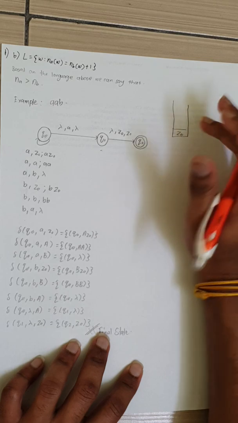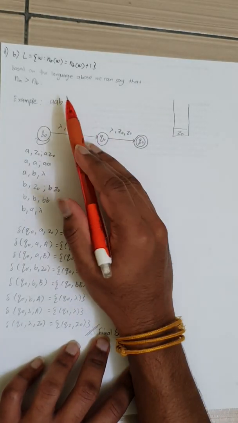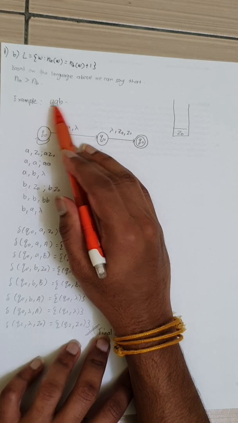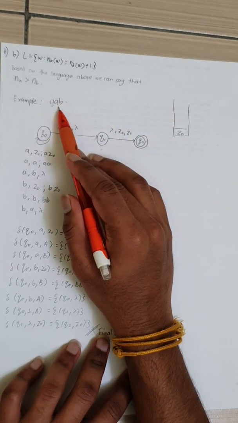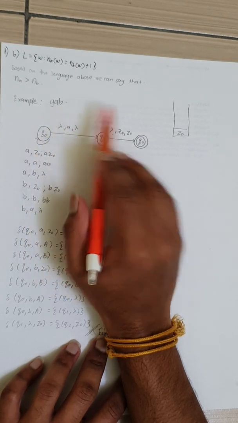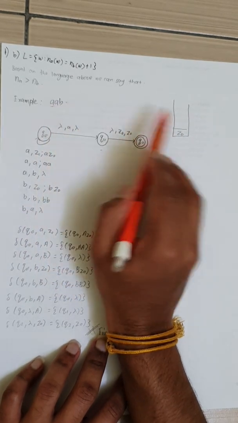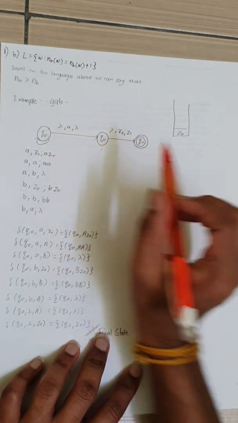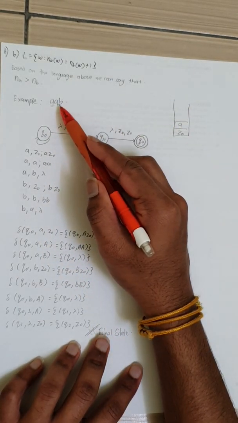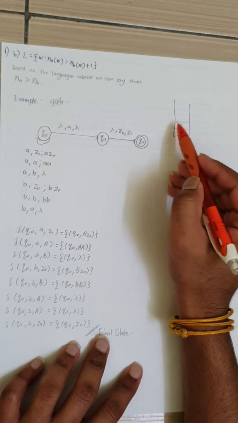Based on this situation, whenever it scans A, it will add A to the stack. It means it will push A into the stack. When it scans A, the top of the stack is z0, and it adds to the stack, it becomes A z0. When it scans another A and the top of the stack is A, it becomes AA.